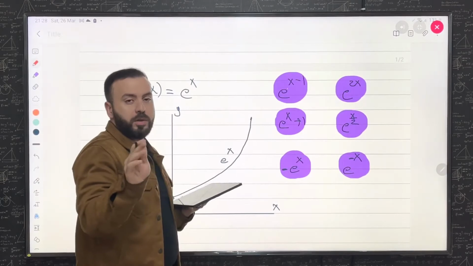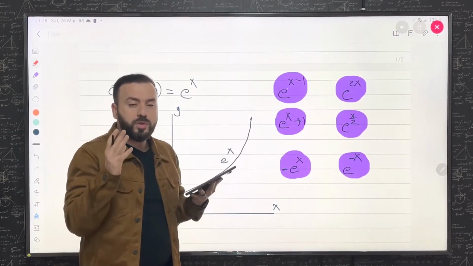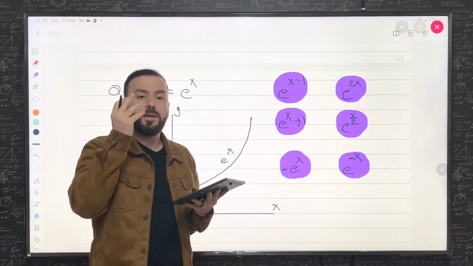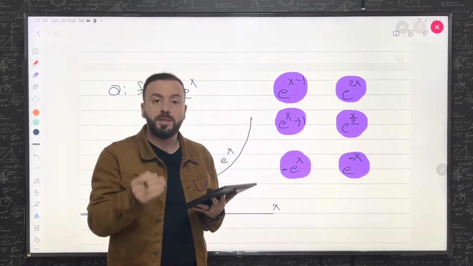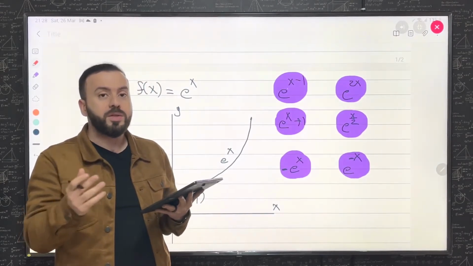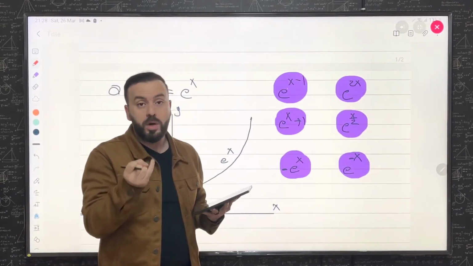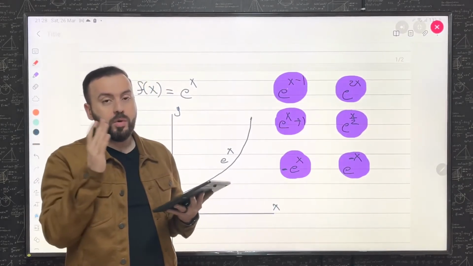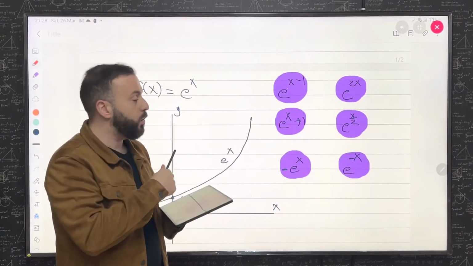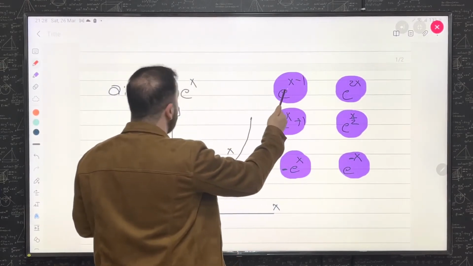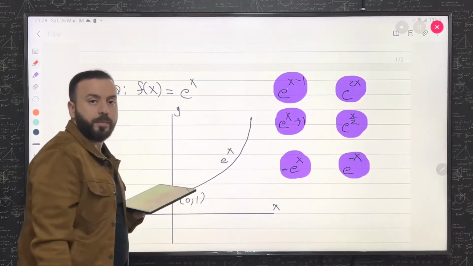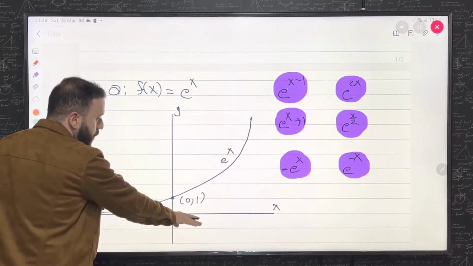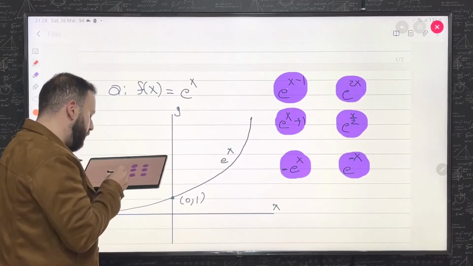I'll choose one only, just to give you a handout on how the domain, range, intercept, and the asymptote will change based on the transformations, whether it's translation, vertical stretch, compression, or reflection across the x-axis or y-axis. Watch this with me. So in case I want to shift 1 unit up, which means that starting from 0, the first jump is going to be here.